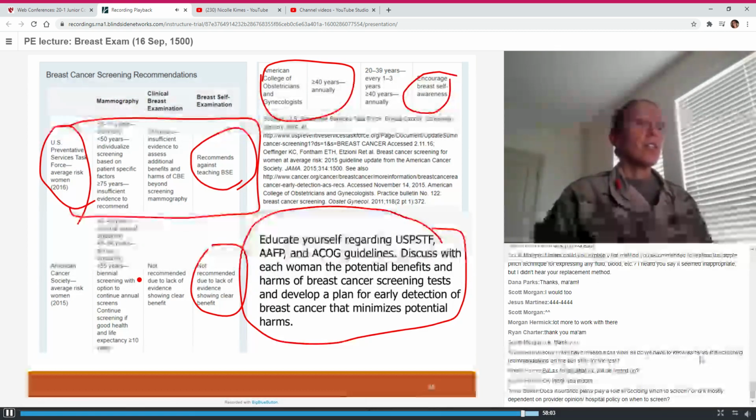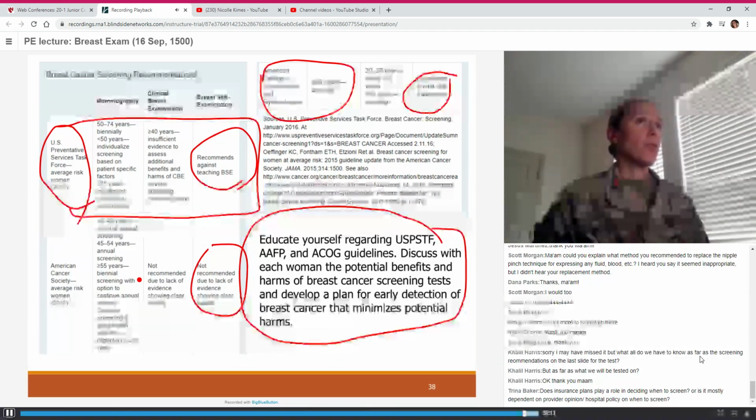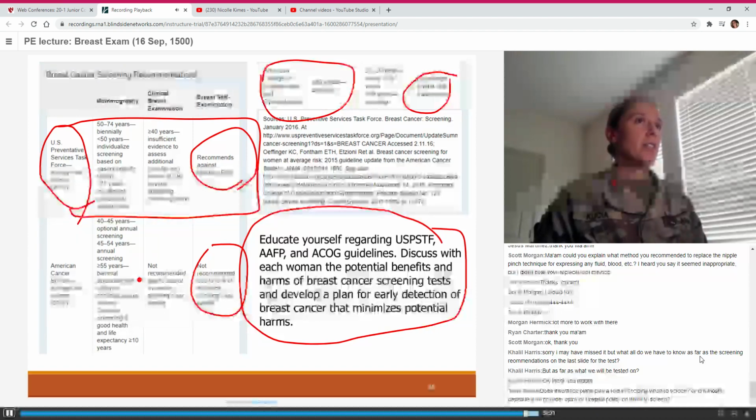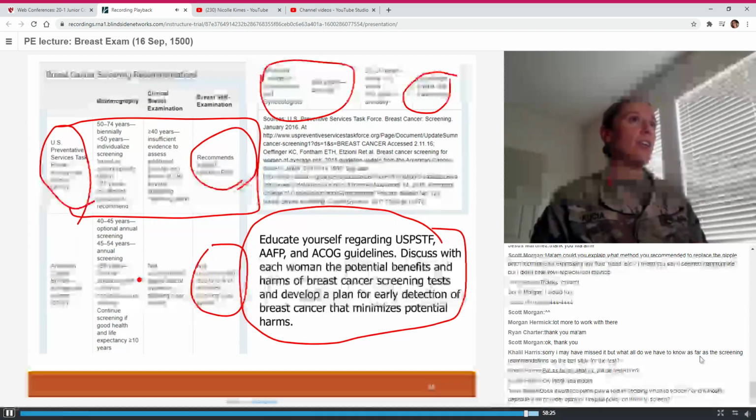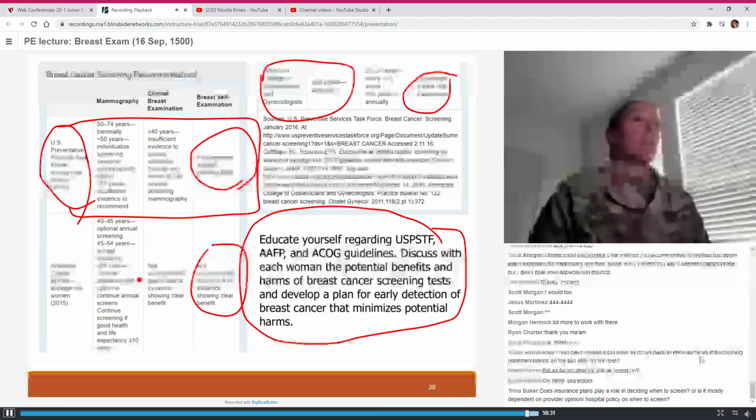Does insurance plan play a role in deciding when to screen, or is it depending upon option and policy? I'm sure reimbursement plays a role. Reimbursement plays a huge role in colon cancer screenings right now because some of it's only covered part way, and so I'm sure this is the same, but insurance plans aren't stupid either, and they adhere to evidence guidelines as well. It's just a matter of what their reimbursement is going to be.